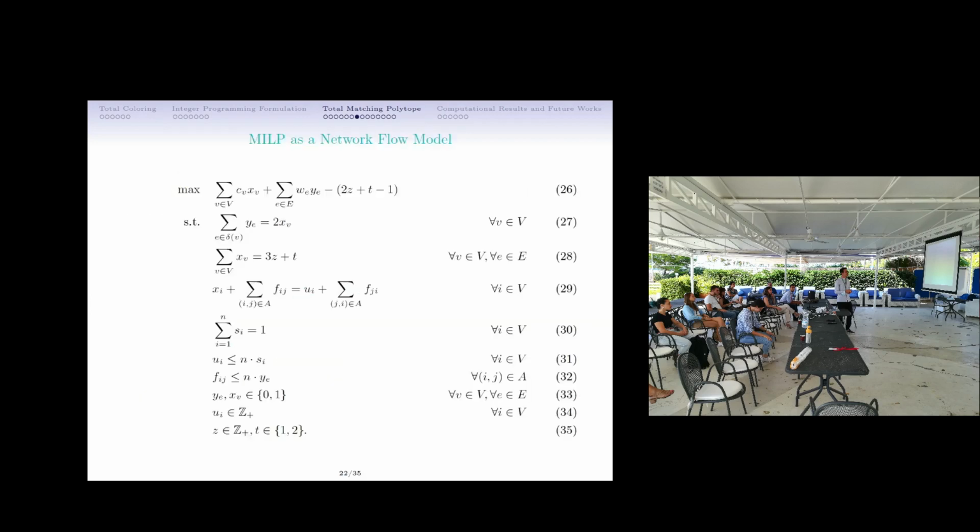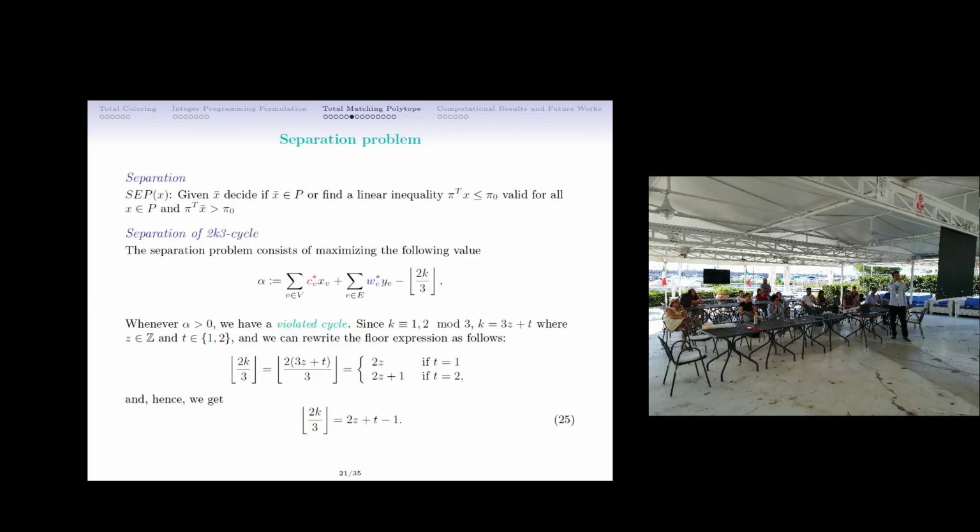In this case here, the separation of the 2K3 cycle is written in the following form. We want to find the most violated cycle where the cost vector CV star and YE star are the optimal solution of the LP current problem.